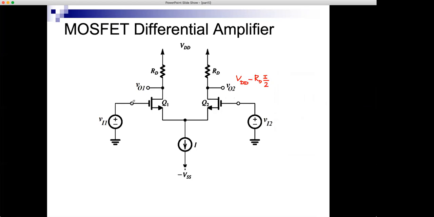All right, let's say now that VI1 and VI2 are sine waves, are signals. If this is a sine omega t here, so VI1 is a sine omega t, and VI2 is also the same sine omega t.